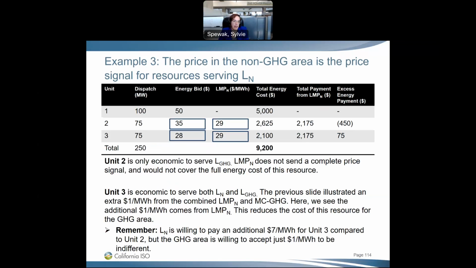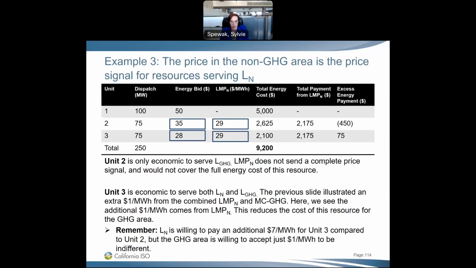Now let's think about Unit 3. Unit 3 is dispatched to a total of 75 megawatts, and that's its full capacity. Its energy bid is 28. It faces LMPN 29, and this is a sufficient price signal to get this resource to dispatch to its full capacity, and it receives an extra payment.